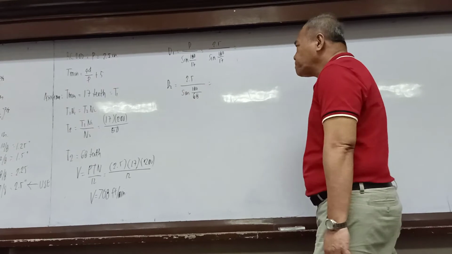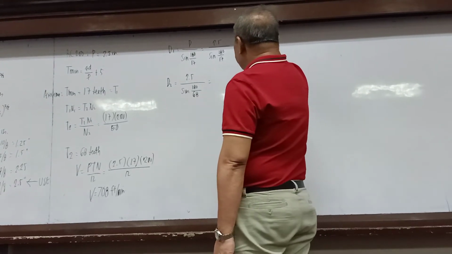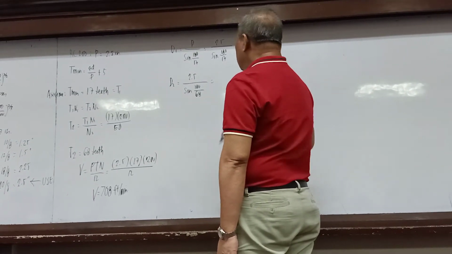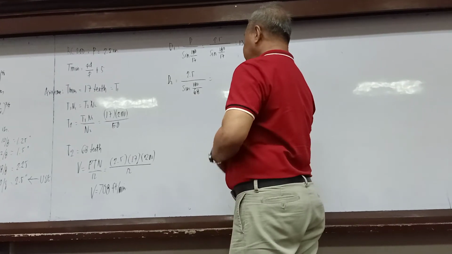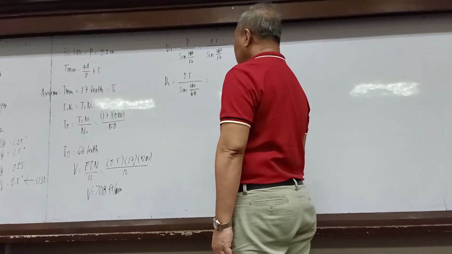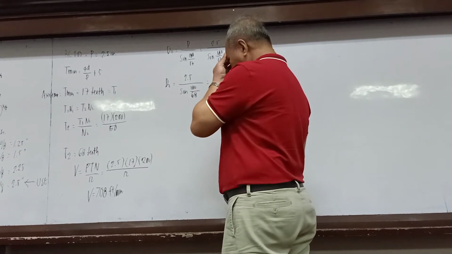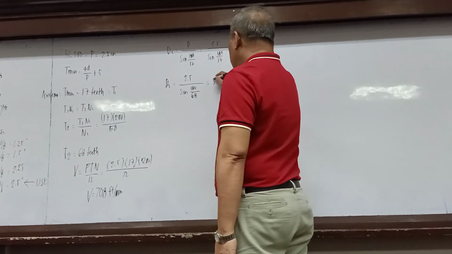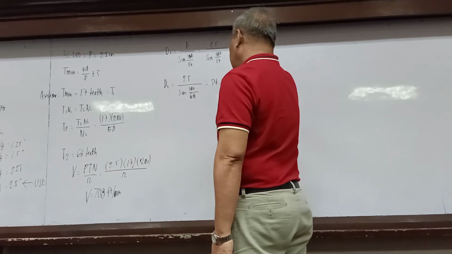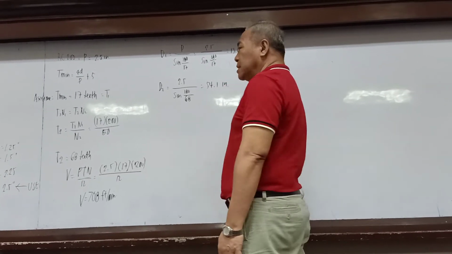D1 natin is 13.6. Tapos, D2 is 54.13. Okay? So these are the pitch diameters.